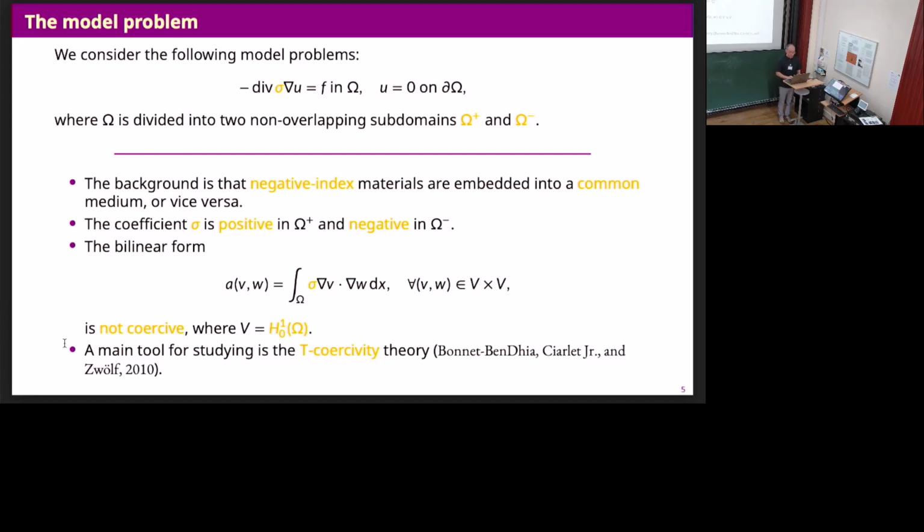But the main problem is that this bilinear form is not coercive in this space capital V, okay? Because sigma can be negative in some subdomain. And then a main mathematical tool to study this is the T-coercivity theory, introduced by these authors.